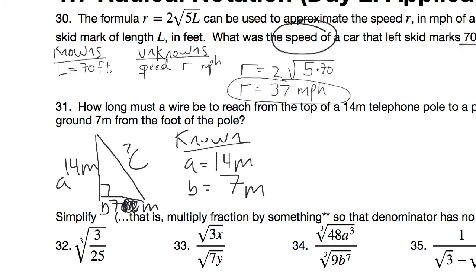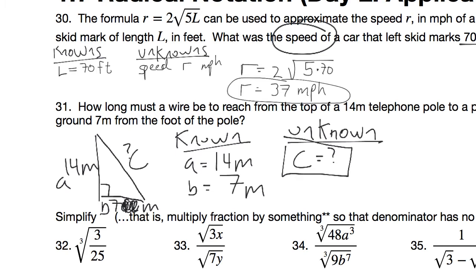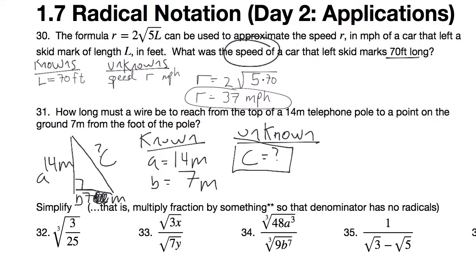And what we don't know is C. Really writing down what we know, and especially what we don't know, is the most effective strategy I have: clearly defining what you know and clearly defining what you don't know. Give it a variable, give it a name. This is so important right here. If you don't give a variable name to what you don't know, then how are you going to solve for it?